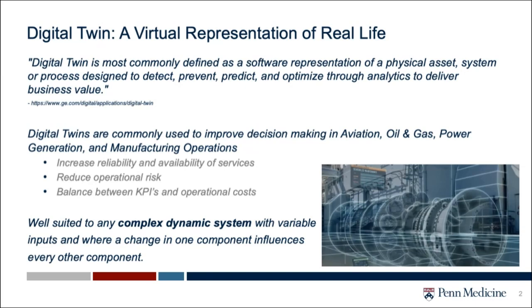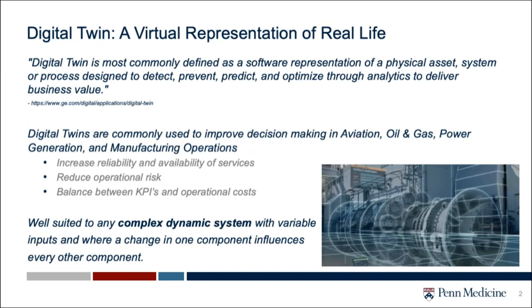And so the digital twin is really a tool that's used to make operational decisions, and it's used in a pretty widespread fashion among a lot of industries, including aviation, oil, gas, power. Really quite a reliable, well-used tool. The reason to use it is to increase reliability and availability of services, to operationally improve performance, manage risk, and manage KPIs, which are key performance indicators for value.